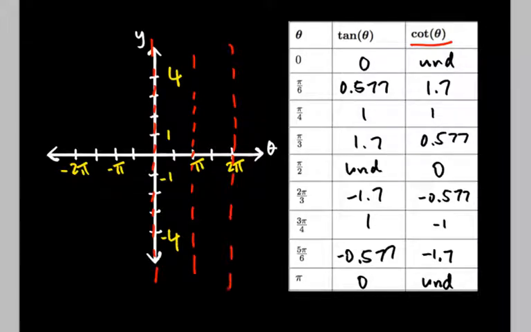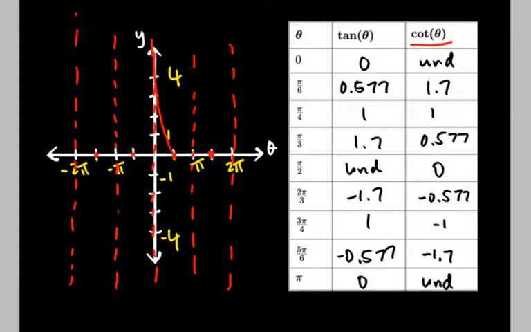And then its zeros are going to be in between, at the pi over 2's. And then you're just going to go in the other direction this way. So it's going to be a forever decreasing function like this.